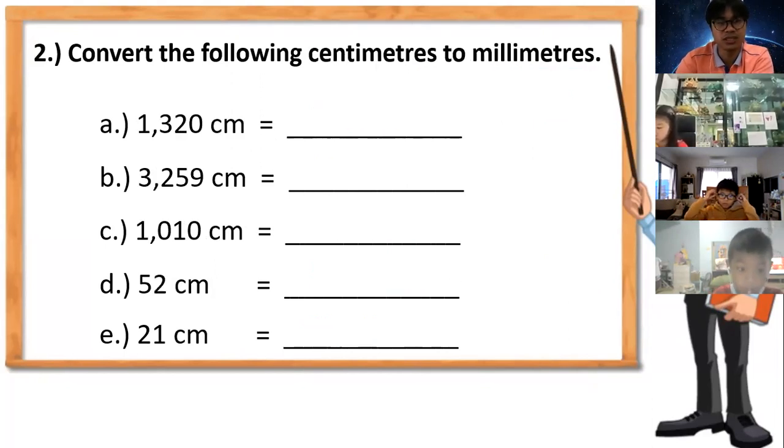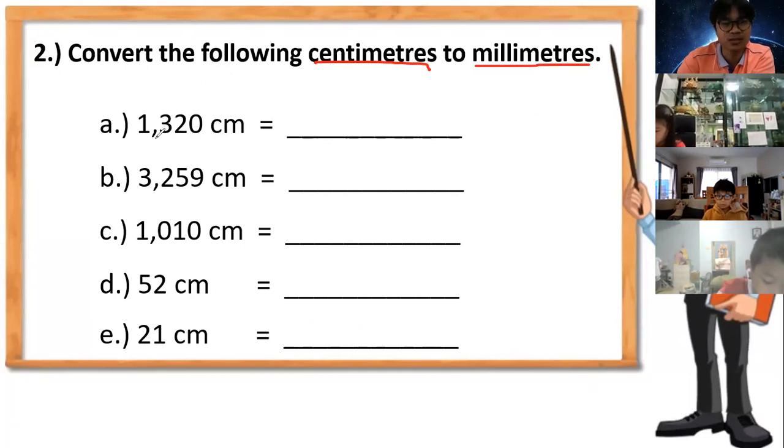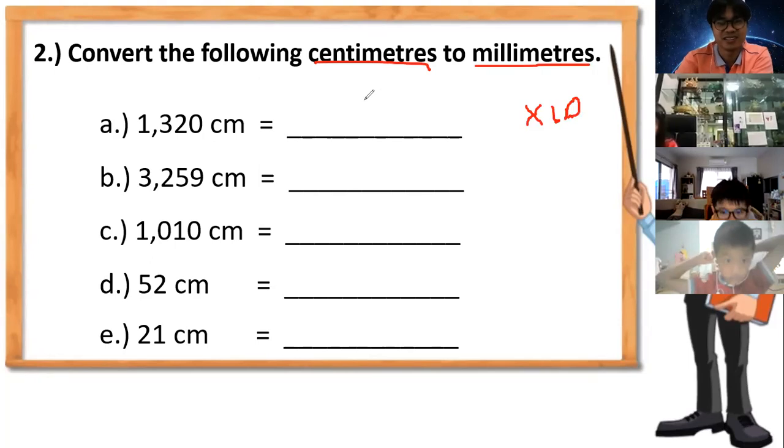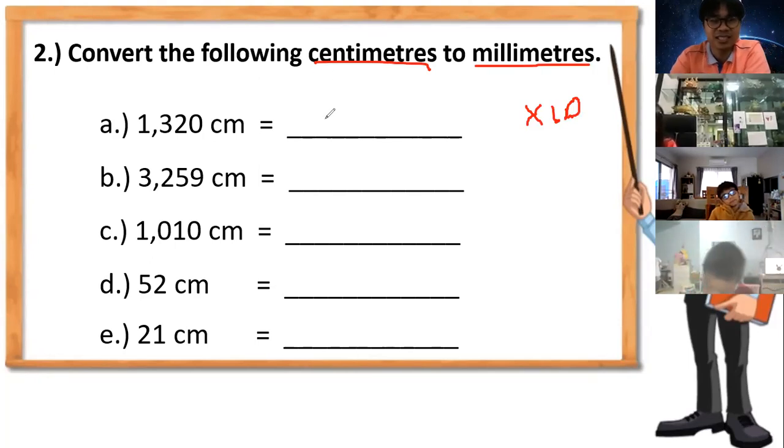Number 2, this is conversion from centimeters to millimeters. Centimeters to millimeters. So this one is times 10. 1,320 centimeters, how many millimeters?